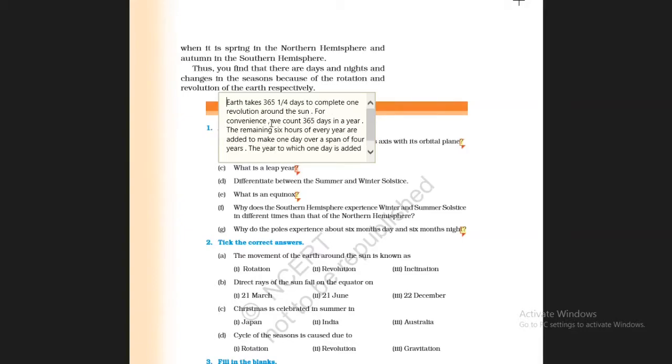For convenience, we count 365 days in a year. The remaining 6 hours of every year are added to make one day over a span of 4 years. The years to which one day is added has 366 days and it is called a leap year.